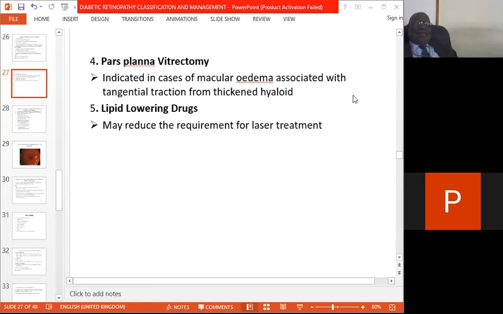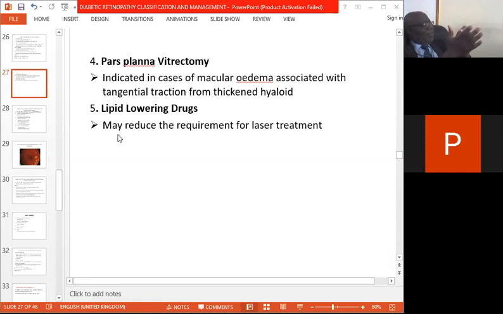Okay. Pars plana vitrectomy, you go through the pars plana. And the reason why you go through the pars plana, there is no retina there. Between the ciliary body, there is a pars plana, then you actually go backward, to the beginning of the retinal layer. So if you go through the pars plana, you are not damaging the retina.